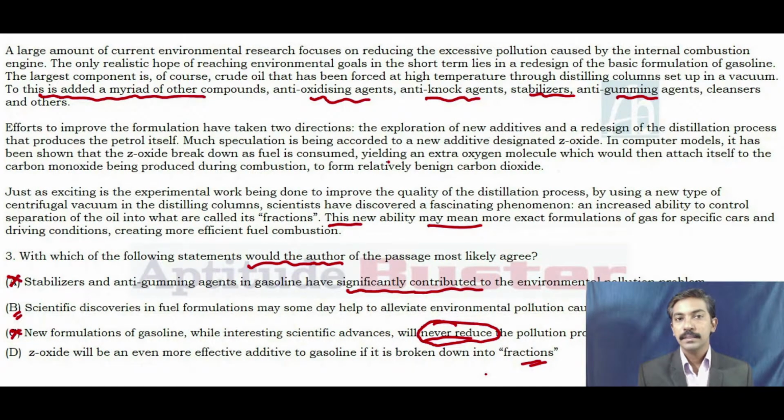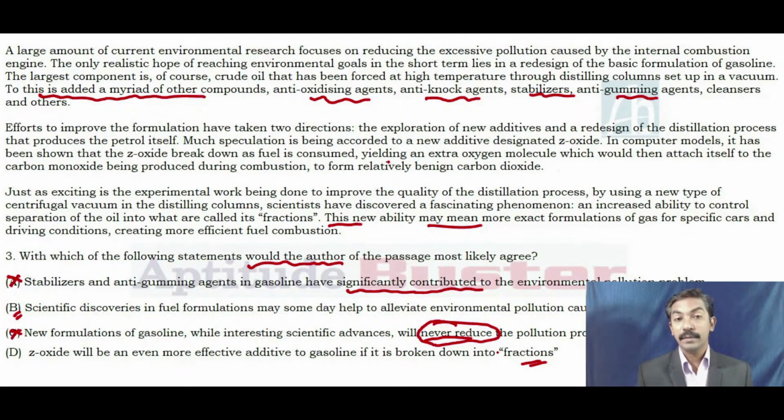Stay alert. If your practice is limited, you would jump on to option D, stating that there has been reference to fractions in the passage and there has been reference to fractions in option D. The question asks you what the author would most likely agree with, thereby he must have talked about fractions.